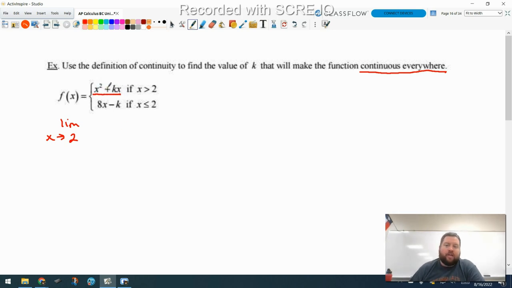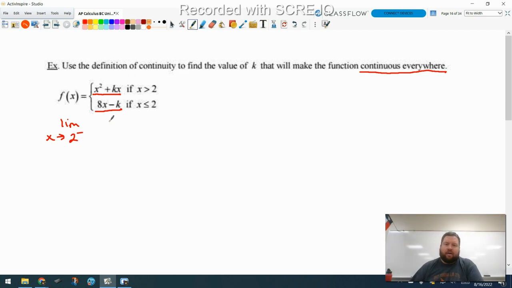That is always continuous everywhere. This right here is a linear equation. That's always continuous everywhere. So the only place where these could have a discontinuity is at x equals 2, where they attach to each other. So if we make sure that that is continuous at that point, then we know we will have a function that's continuous everywhere. That's why I'm doing the limit as x approaches 2 from the left.